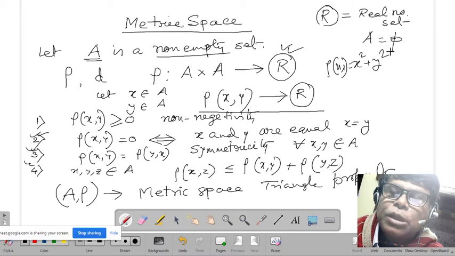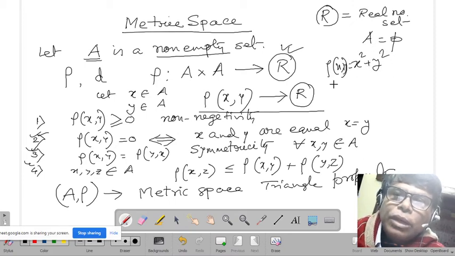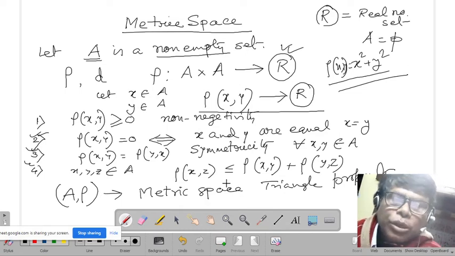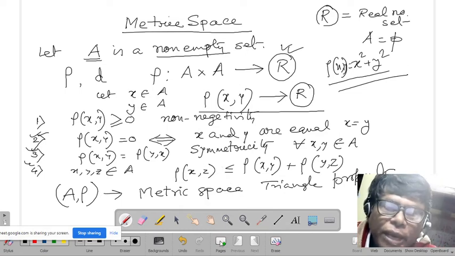This is called the form of the function rho xy. Now if this form satisfies all these properties for the elements of the set A, then we can call A and rho a metric space. So we shall go on proving this. I am going to the next page.